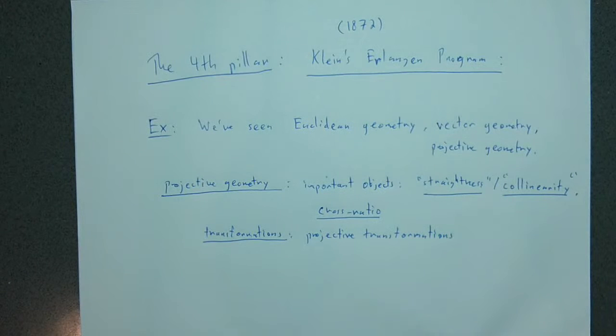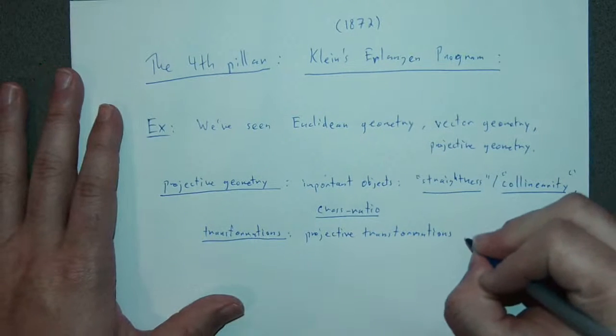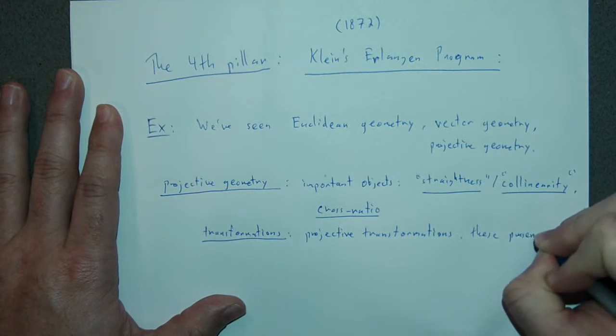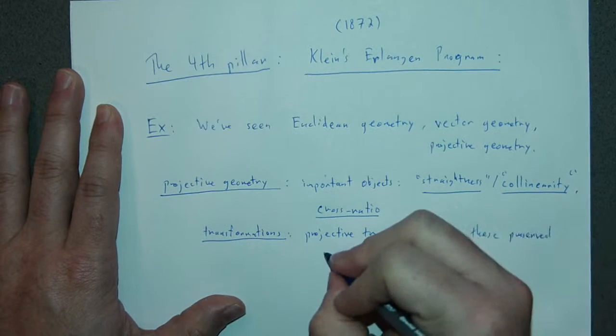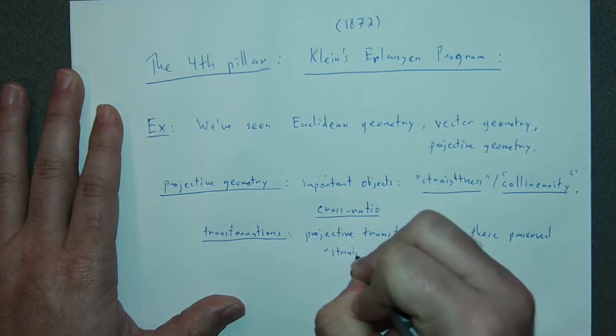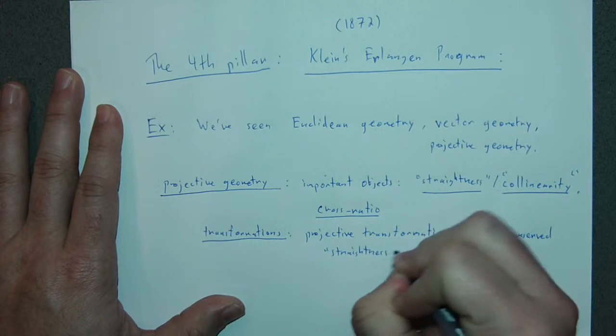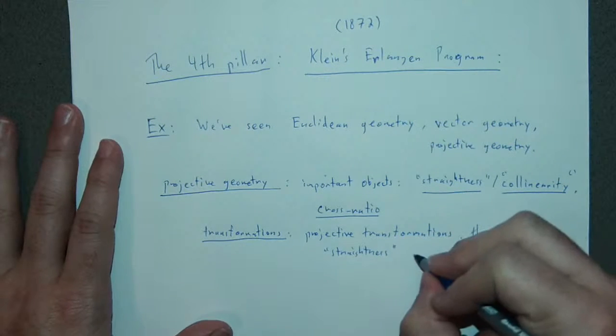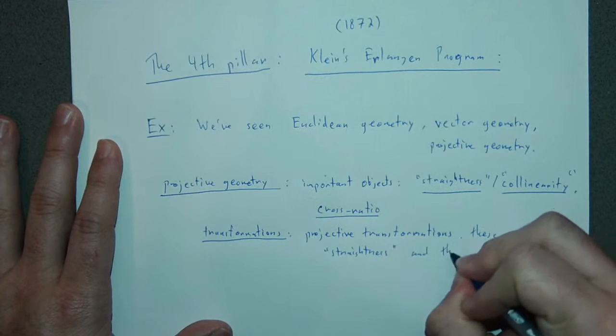So projective transformations were our transformations for projective geometry. What did these things do, right? These preserved straightness or collinearity, and they also preserved the cross ratio.